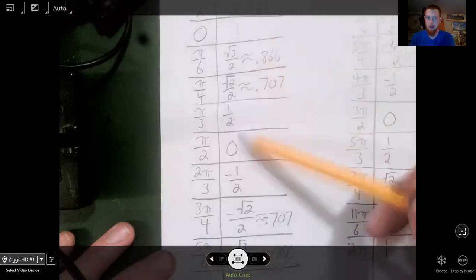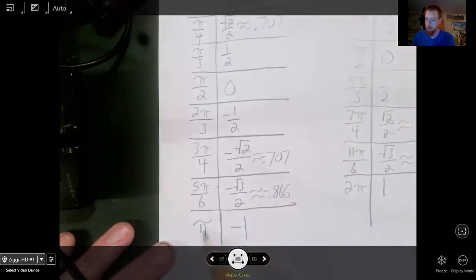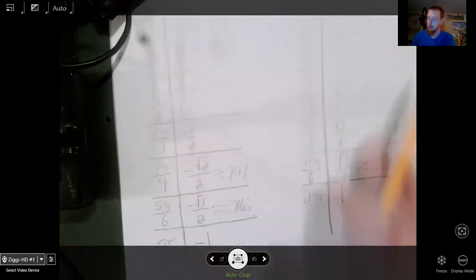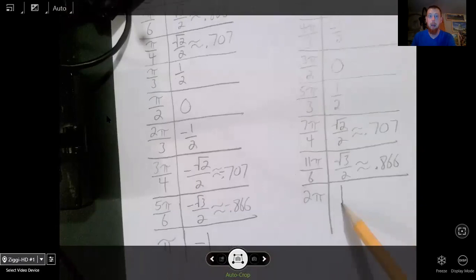Then we reach a middle value. The minimum for cosine of x isn't going to happen until we get to pi. Then we're going to go up to 0 again when the angle is 3 pi over 2. And we've completed one full cycle. We're back where we started once the angle is 2 pi and the y value is 1. So let's take a look at what that looks like in the calculator.